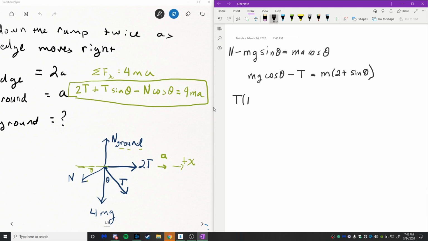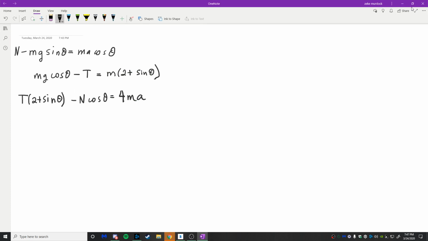Each time I push the wrong thing. If we factor a t out of these two, it's going to be 2 plus sine theta minus n cos theta equals 4 ma. Those are our equations, right?